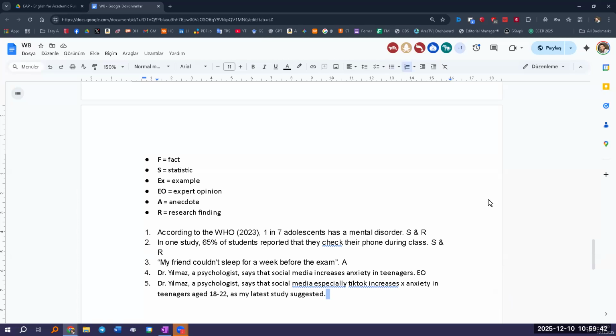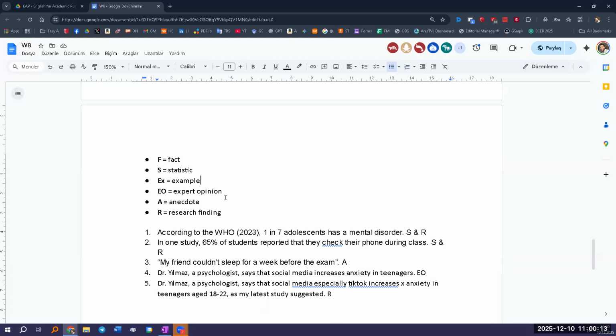Why do you still have the expert opinion? Just because it says it? He says it, yeah, but it is fed by the research itself. So it's a research finding. There is no statistics here. It's a research finding. It's not a fact. It's not an example.